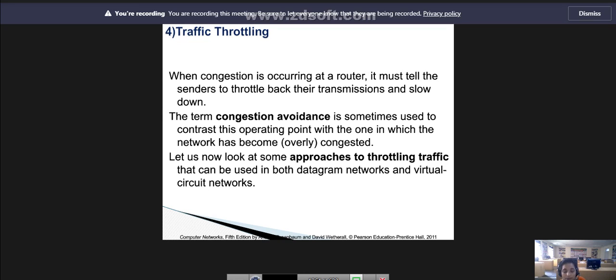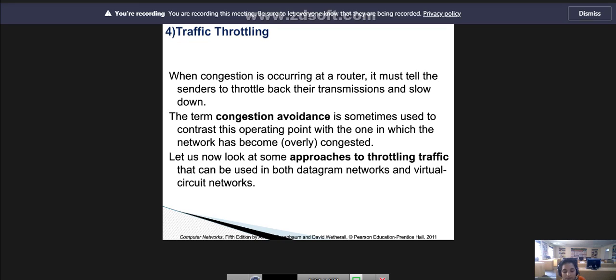Each approach must solve two problems. First, routers must determine when congestion is approaching, ideally before it has arrived. To do so, each router can continuously monitor the resources it is using.